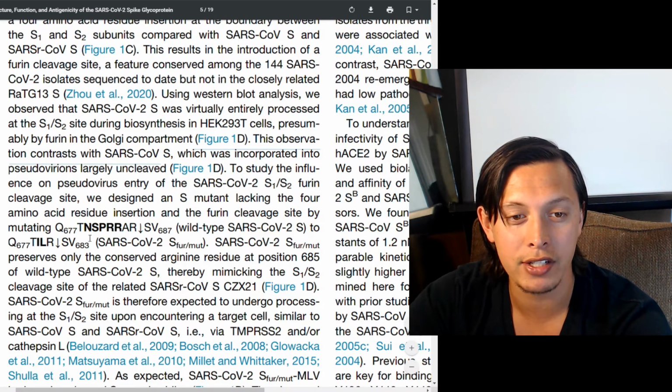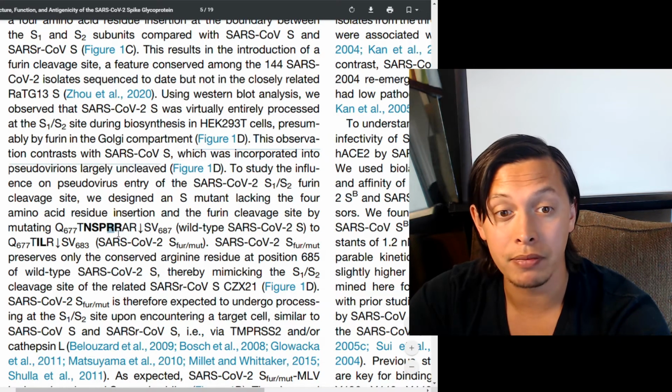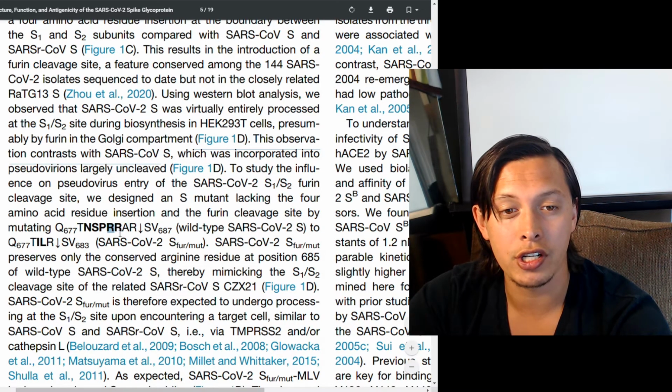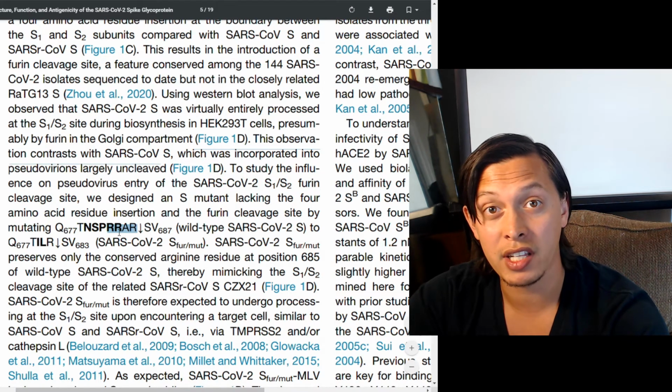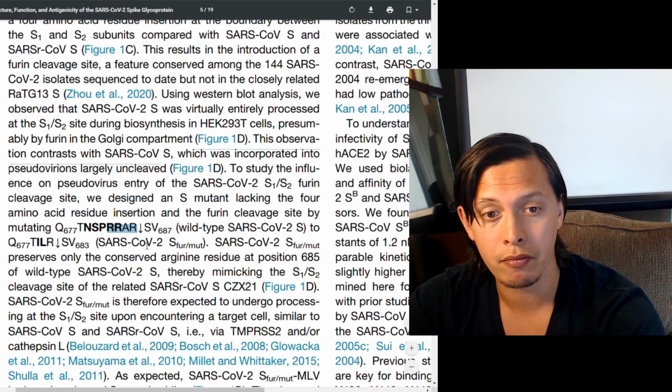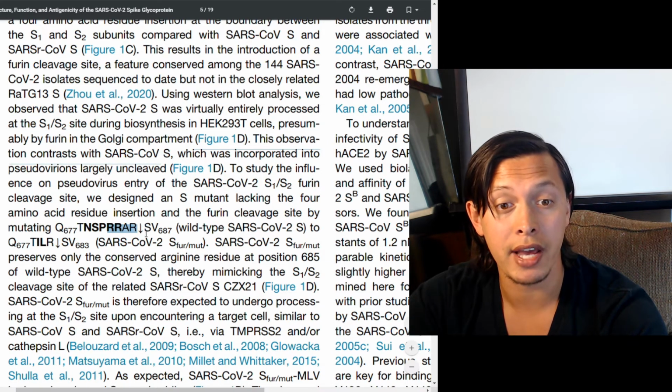Each of these letters is a different amino acid. R's stand for arginine. So arginine, arginine, alanine, arginine. This is the stereotypical polybasic cleavage site of furin. This can be cleaved by furin, and the cleavage happens here where this arrow is.